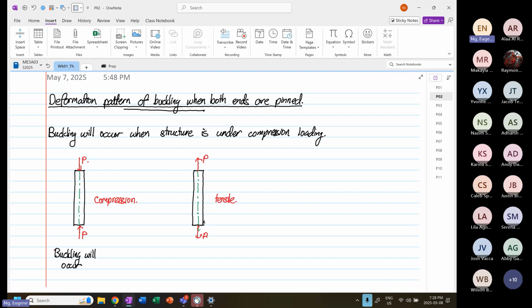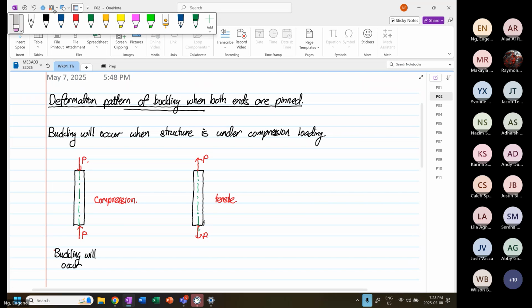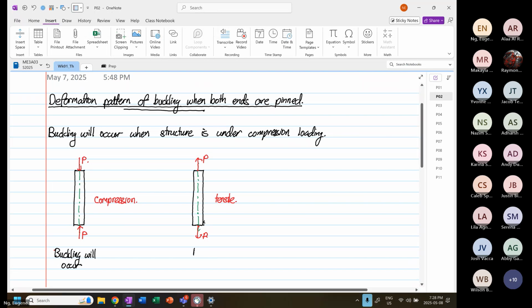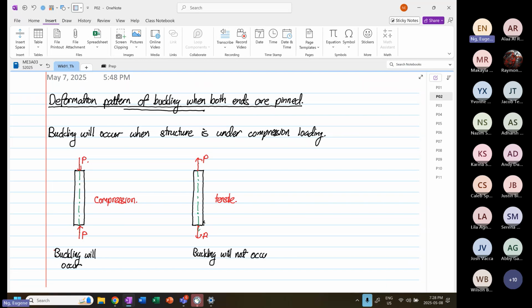When that is the case, buckling will not occur.